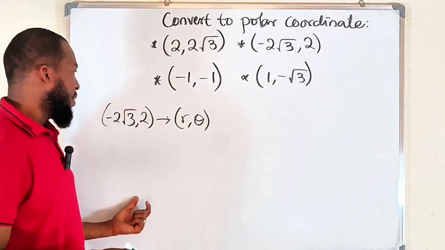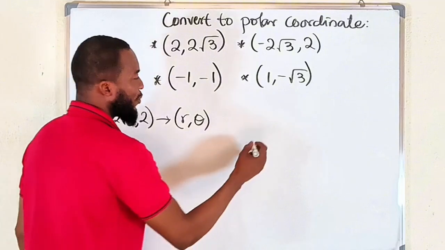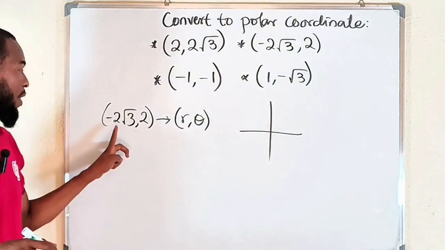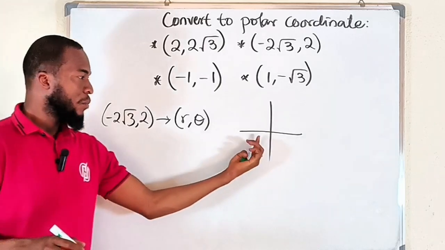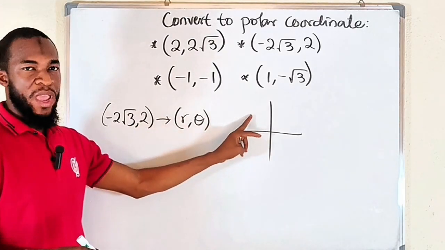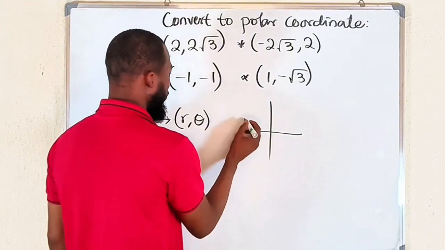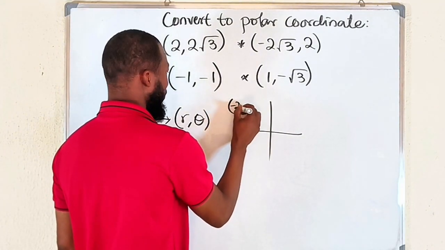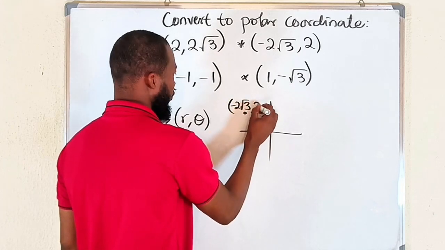Let me just draw it. Where is the position? You can see that x is negative, meaning we are moving towards this direction, but y is positive. We are in the second quadrant. So assuming it is situated here, I'm just assuming this is (negative 2√3, 2).